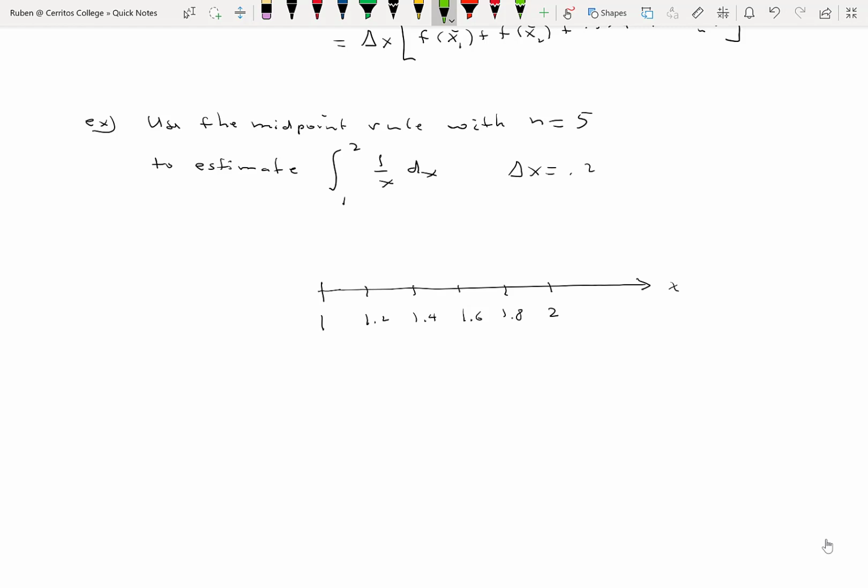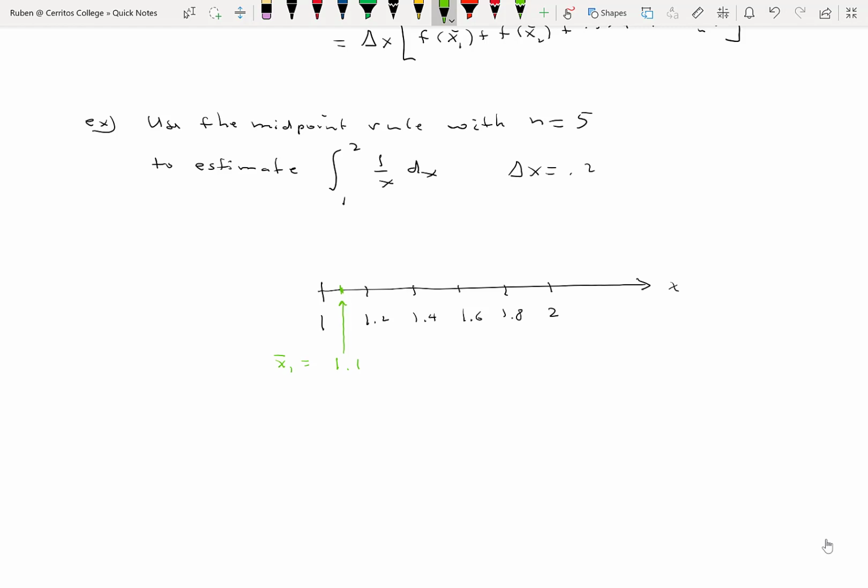You could average, 1 plus 1.2 divided by 2, or you can just notice that it's 1.1. The delta x is 0.2, so the midpoint needs to be half of delta x away from 1. Half of 0.2 is 0.1, so 1.1.